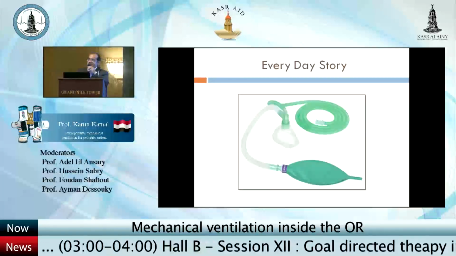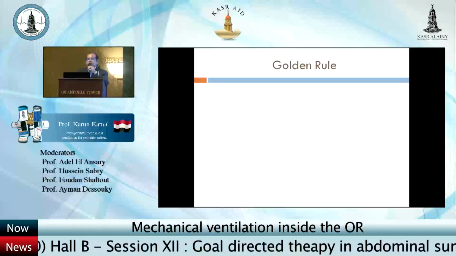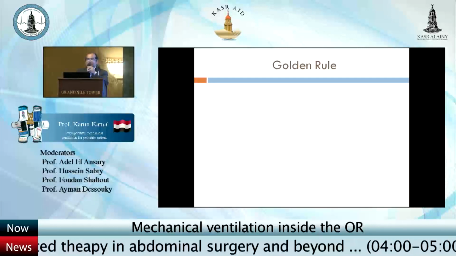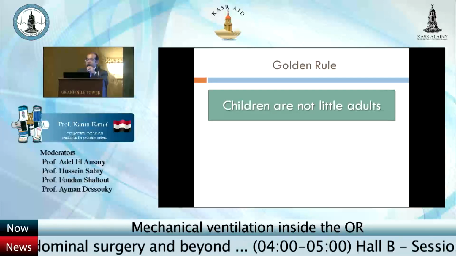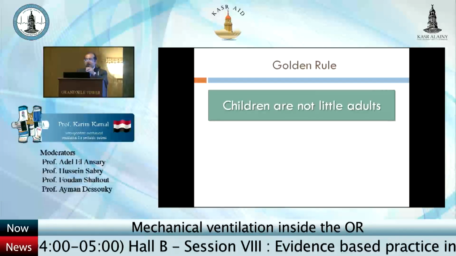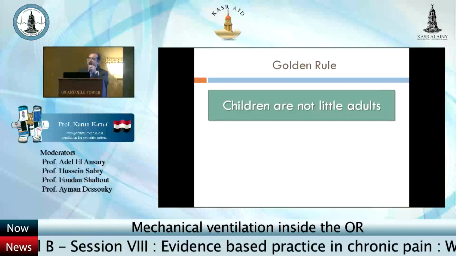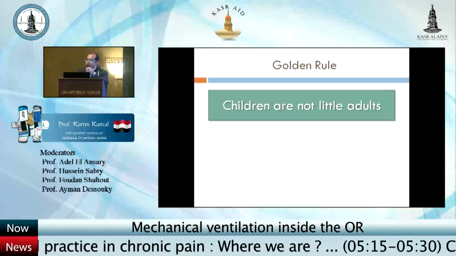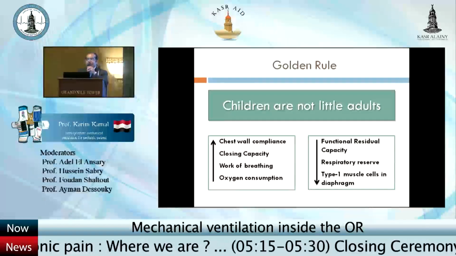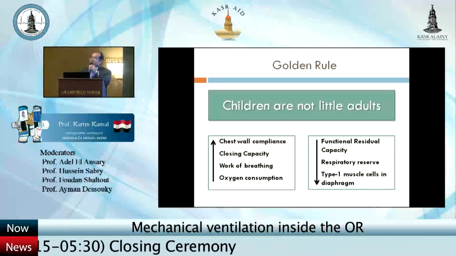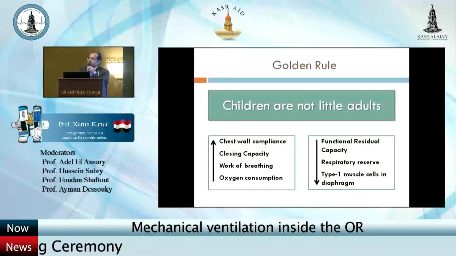So, before we continue, we need to agree on one golden rule, and that will affect everything we talk about. Children are not little adults. Children are different from adults. They are different from the physiological point of view. They are different from the anatomical point of view. For example, they have a higher chest wall compliance, higher closing capacity, increased work of breathing, and increased oxygen consumption.